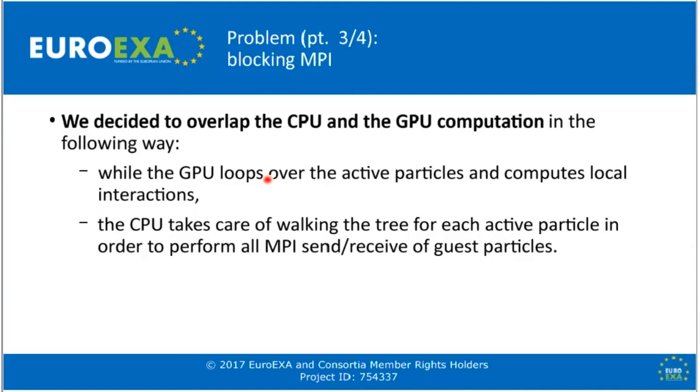When the CPU part that is running asynchronously receives the ghost particles from other MPI ranks, it will send the new particles to the GPU on a new, basically, async queue. For this reason, OpenACC async regions also came to be very useful.